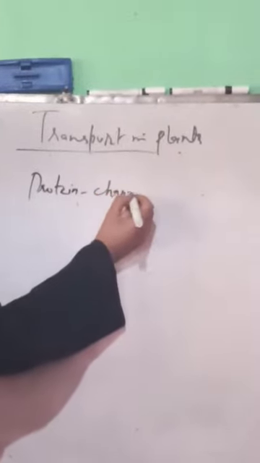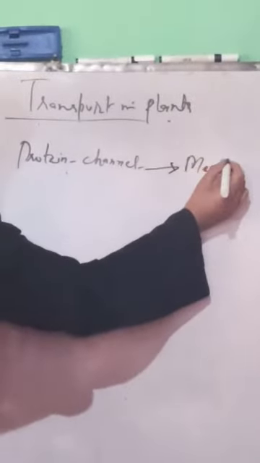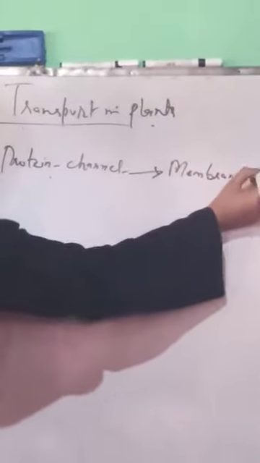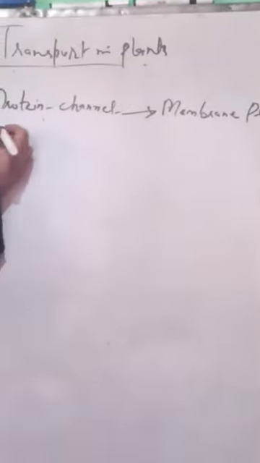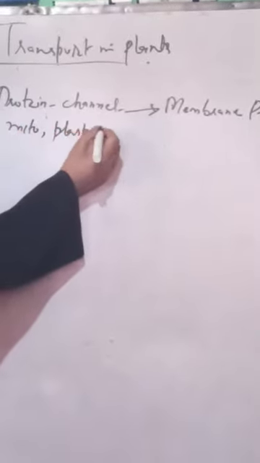So these membrane proteins or protein channels are present in mitochondria, plastids, and some bacteria.